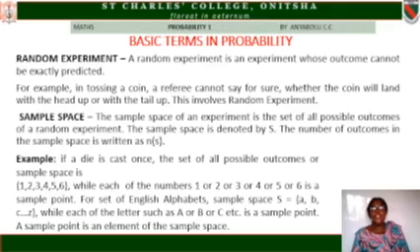For the set of English alphabets, sample space S equals A, B, C, to Z, while each of the letters, such as A or B or C, etc., is a sample point. A sample point is an element of the sample space.